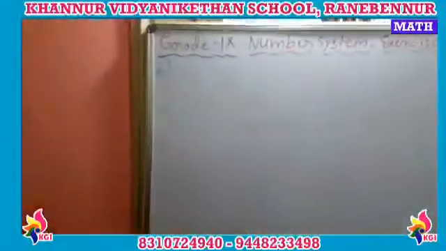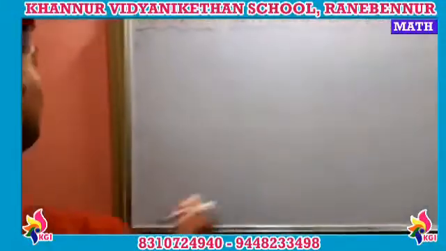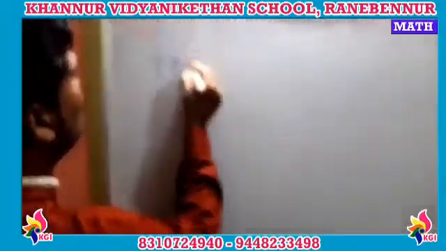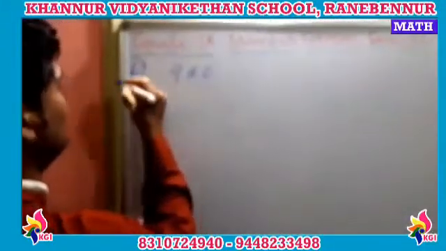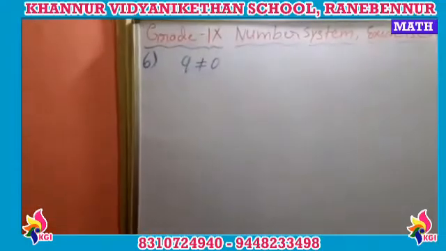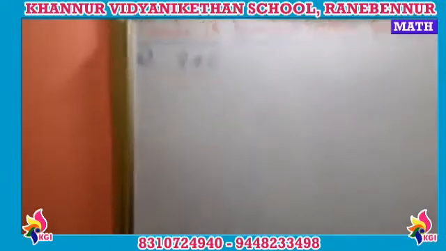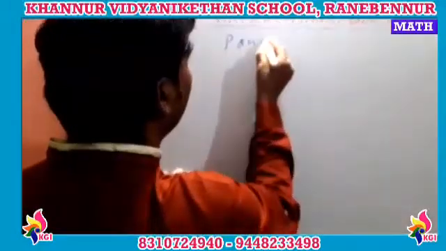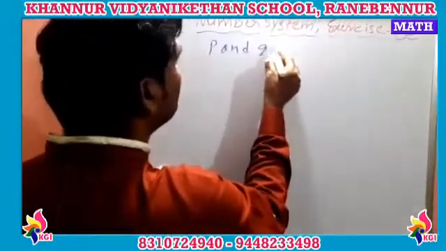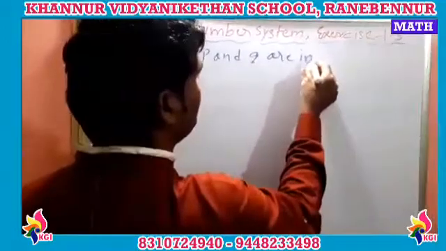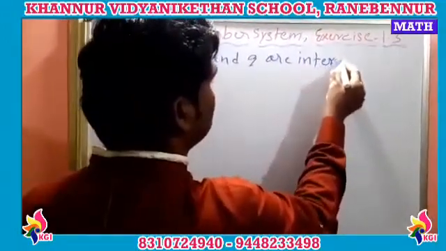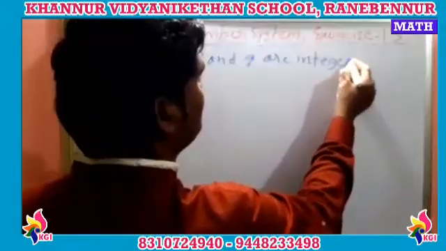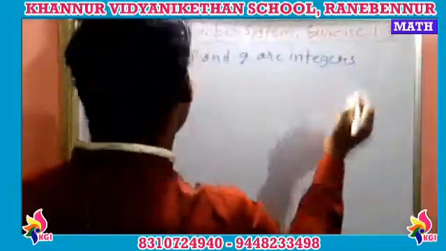As given in the sixth question, the first condition is that q is not equal to 0, and p and q are integers. These are the two conditions they have given.